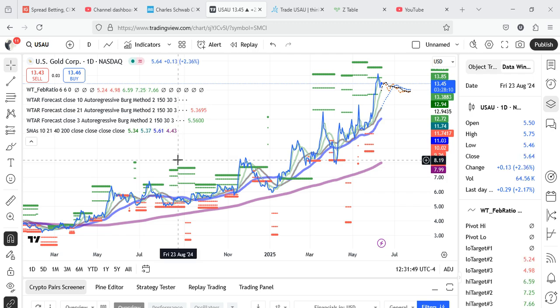Calculator coming up. 1.33 multiplied by the 1.618 Fibonacci extension level, we have 2.15. Add that to the current price of 13.45, we have 15.6 for USAU.